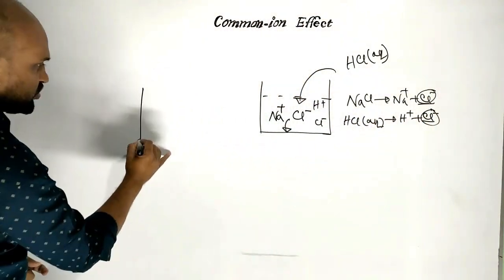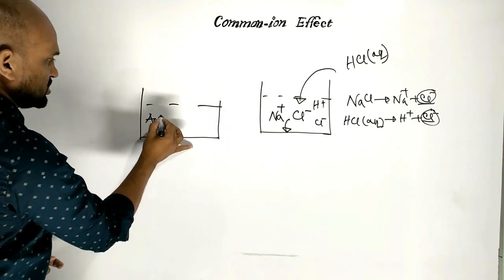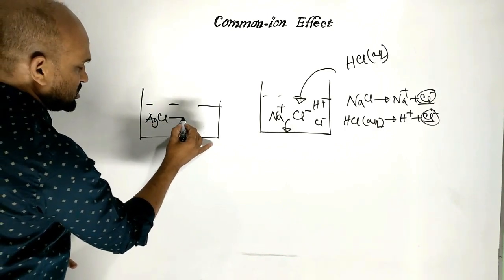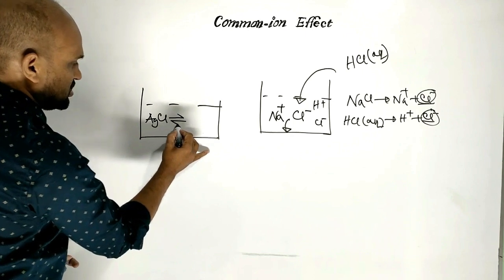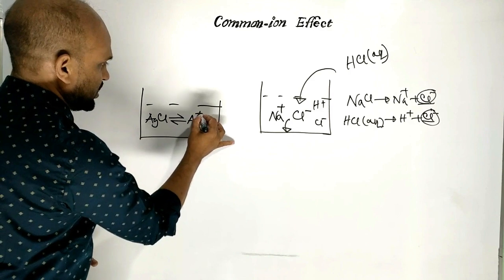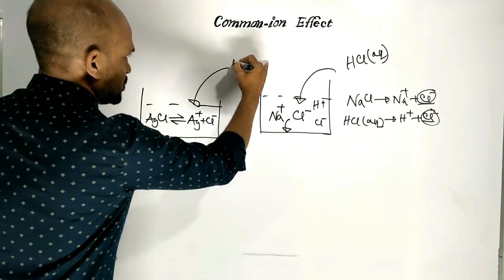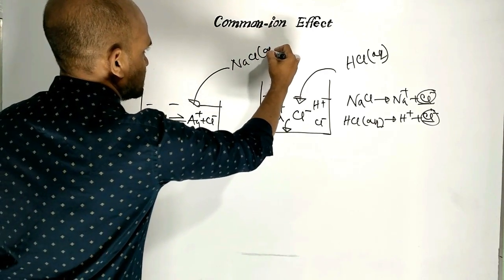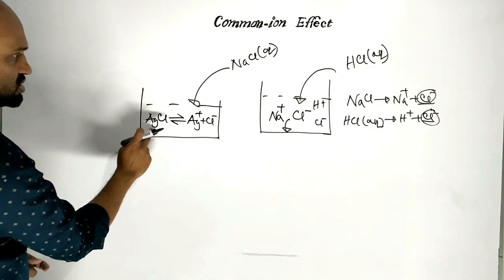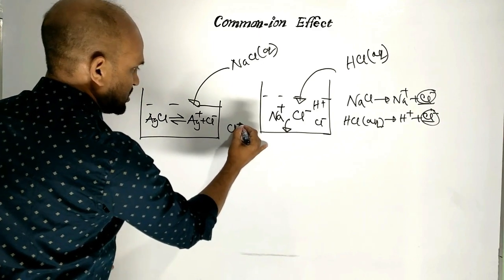Again, suppose this is solution of silver chloride. Silver chloride is a kind of weak electrolyte, so it establishes equilibrium state with its ions, silver ion and chloride ion. When solution of sodium chloride is added to the solution of silver chloride, in the solution common ion is chloride ion.